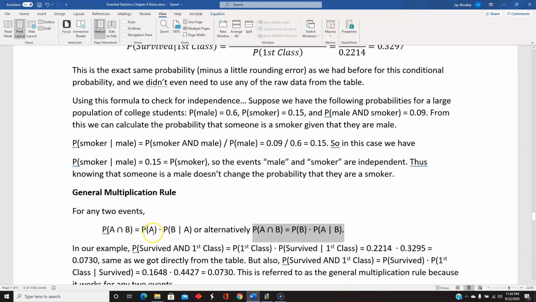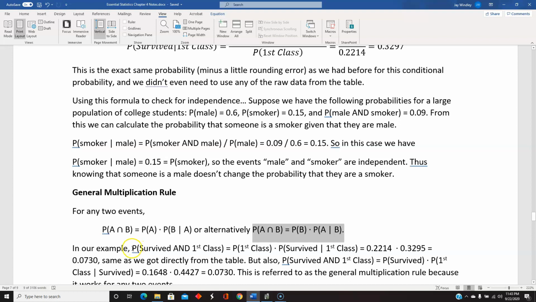That's the probability that A happens times the conditional probability that B happens given that A has happened. Or, if you want to know the probability that A happens and B happens, you can do the probability of B times the conditional probability that A happens given that B has happened. And you don't have to check both of those. You can do either one of them. It kind of depends what probabilities you've been given in a problem.